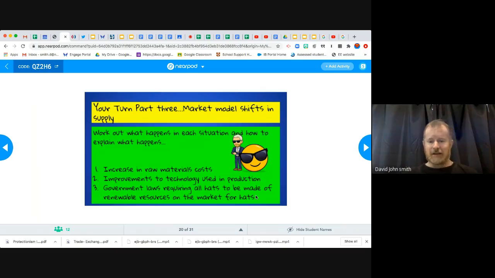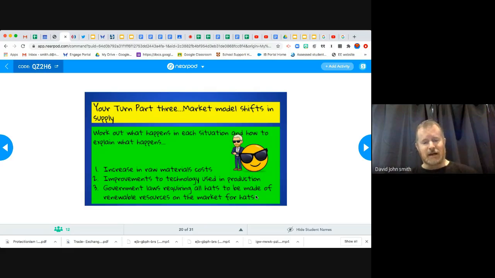So it's about application. Now, where this is going, as you can probably tell, is that the next step from here, so once you've beaten this level of the video game, the next level is going to be not 1 shift, but 2. So what happens if the demand curve shifts and then it shifts again? What happens if the supply curve shifts and then it shifts again?